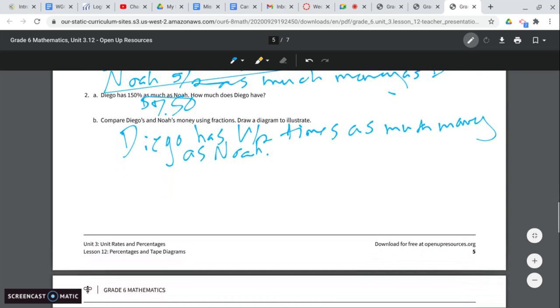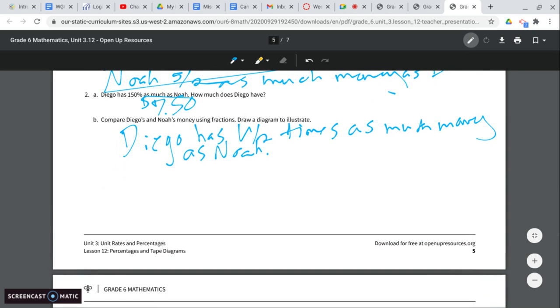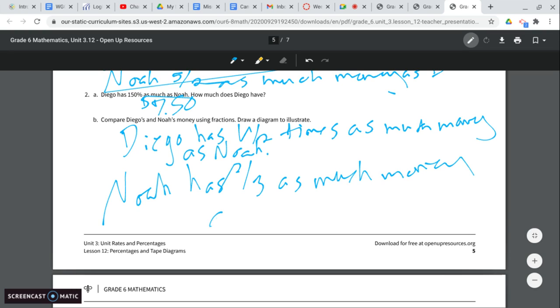And then saying it in terms of Noah, sorry, marker wasn't working, Noah has 2/3 as much money as Diego. So once again, this is looking at it in terms of reciprocals, depending on which direction we're going from in comparing these things, okay?